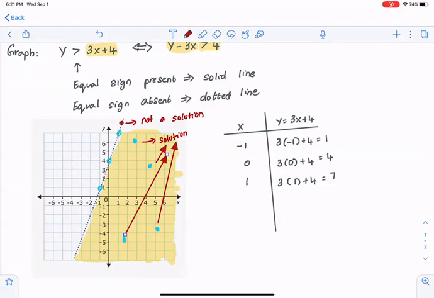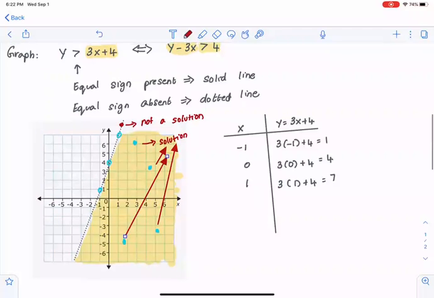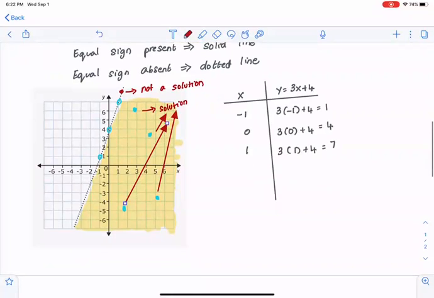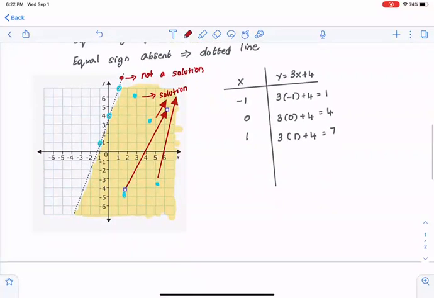But the red dot is not a solution. So the region that we drew right here is a solution for y less than 3x plus 4. The one in yellow.